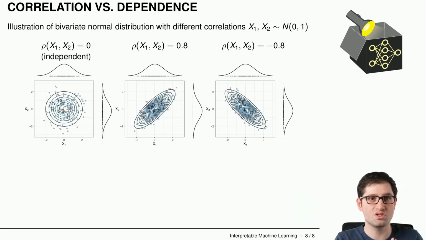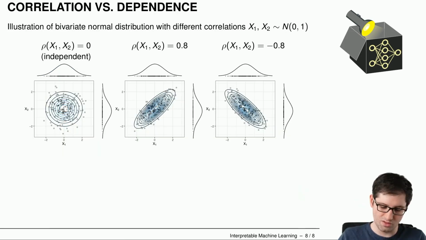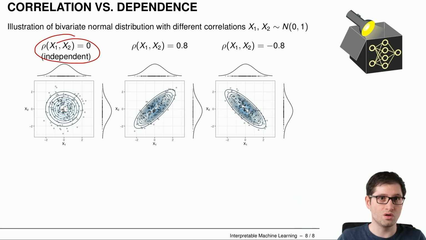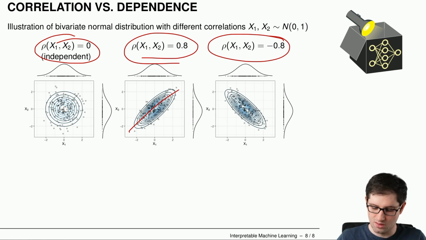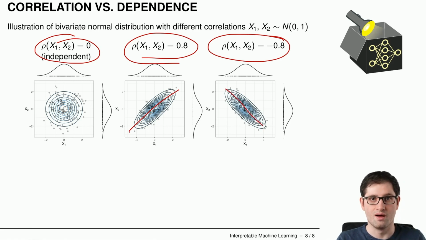Another illustration for the Pearson correlation: if we have a bivariate normal distribution, then a correlation of 0 always means that we have two independent random variables, and a correlation larger than 0 would suggest a positive linear trend. A negative correlation would suggest a falling trend or relationship.